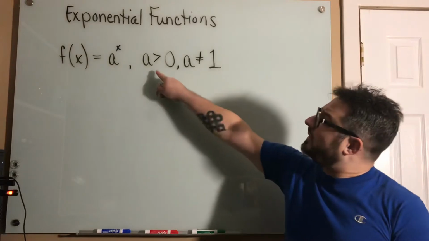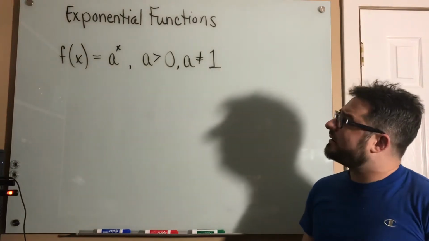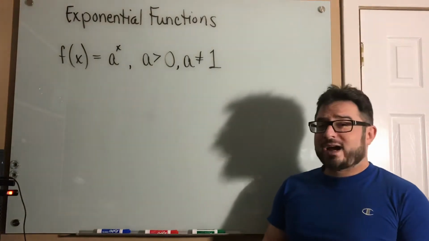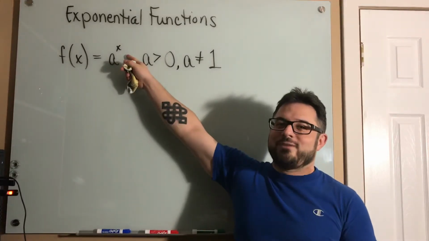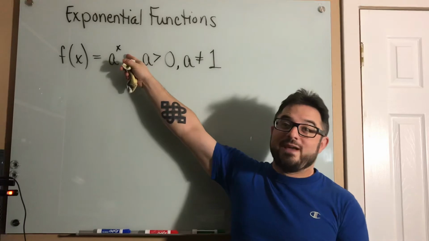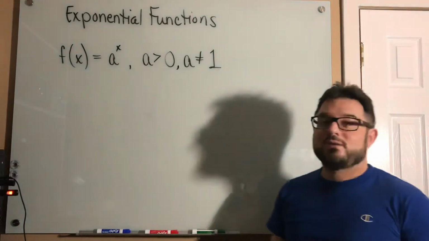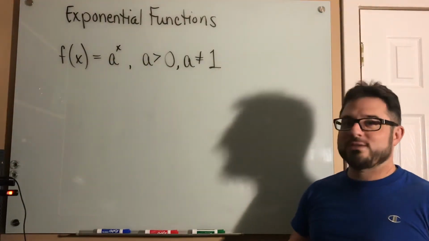Otherwise, though, the base has to be positive because when you start looking at fraction powers, you run into problems if you have a negative base and you're trying to do, say, a 1/2 power. So we run into a whole bunch of problems.